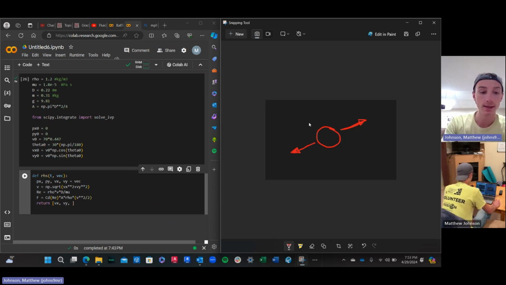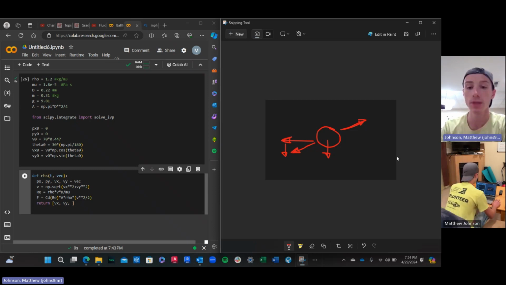And so let's think about what forces and then therefore what accelerations are on this ball. Well, we have some component of this drag force in the x direction. We have some component of this drag force in the y direction, and we also have gravity in the y direction acting on the ball at any given time.